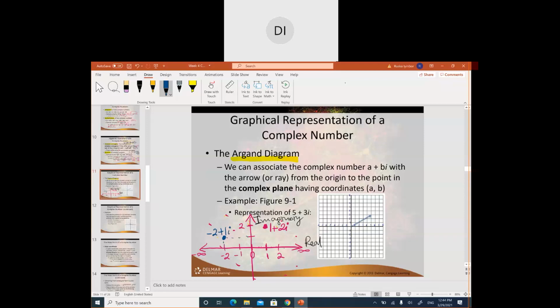Now, if I pick this point here at 1 in the real axis, what are the coordinates for this point? The coordinates are 1 and 0, right? So this point, the orange one, is a representation of the complex number 1 plus 0i.